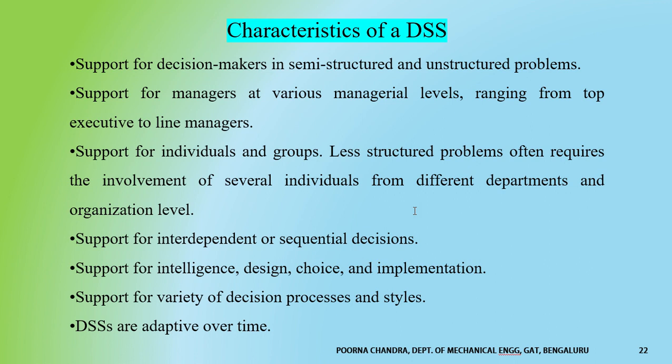That is to approve the design, the choice, and implementing the design. In all these areas, the decision support system should support. Next, support for a variety of decision processes and styles. Next, DSS are adaptive over time.